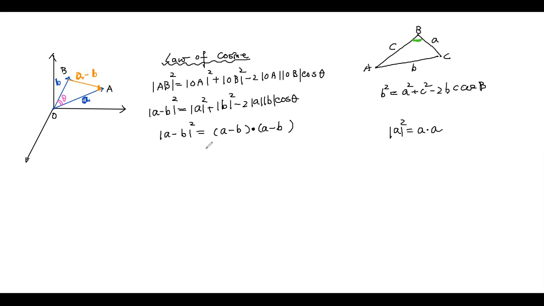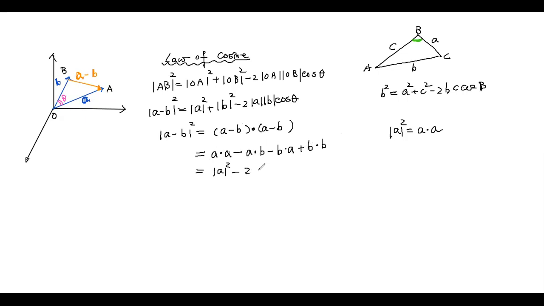Now we can use FOIL just like we did before. The first is A dot A, minus A dot B, minus B dot A, plus B dot B. I know A dot A is the length of A squared. I know A dot B equals B dot A from before.